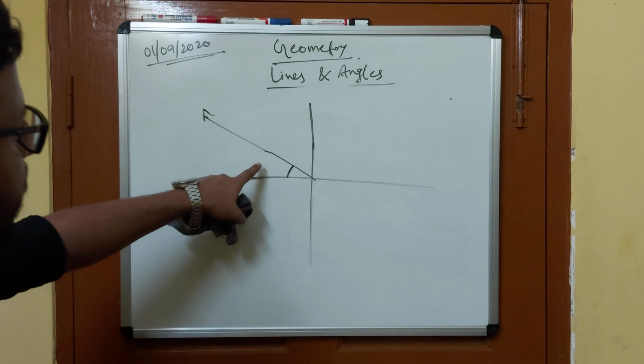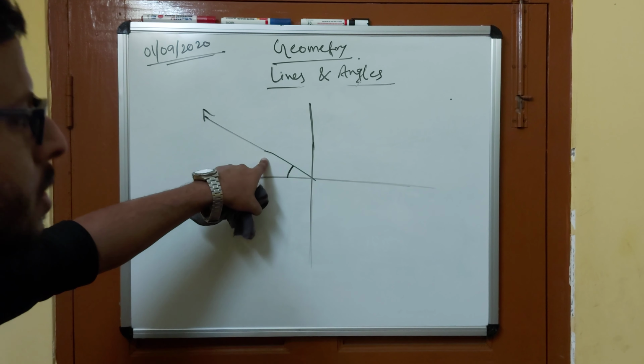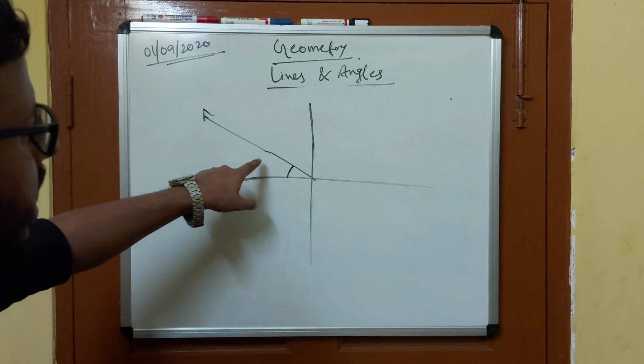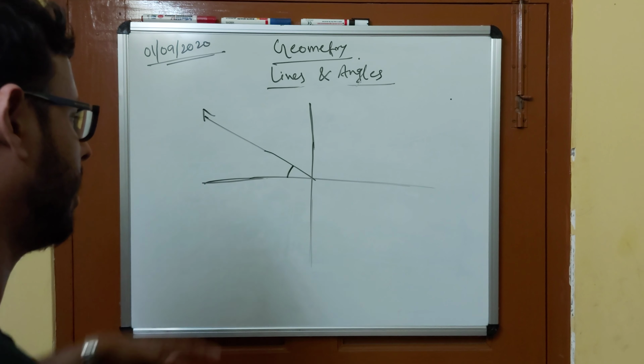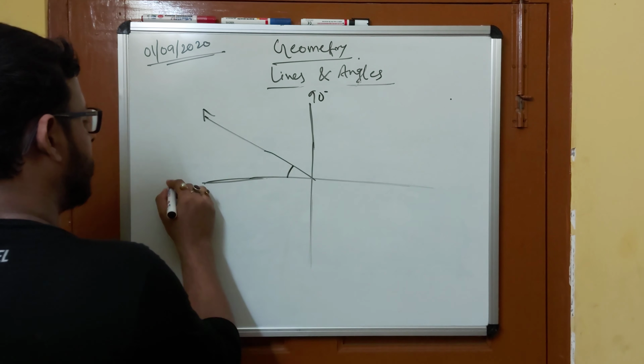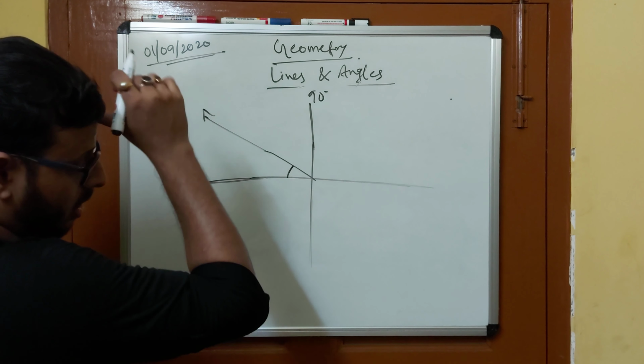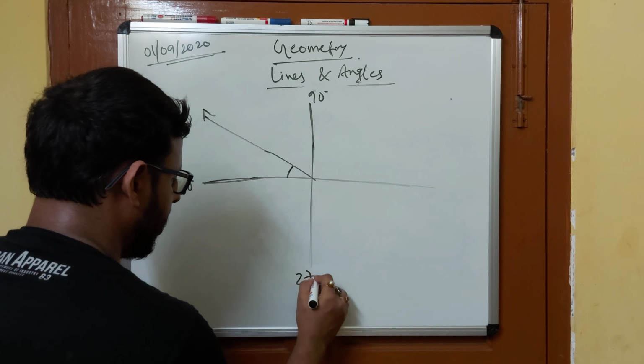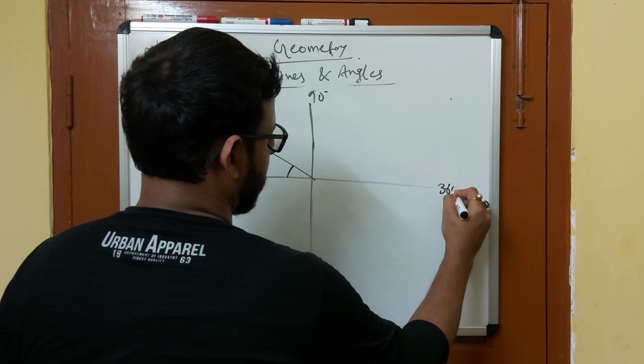Then this angle is between 90 degree and 180 degree. This is 90, this is 180, this is 270, this is 360.